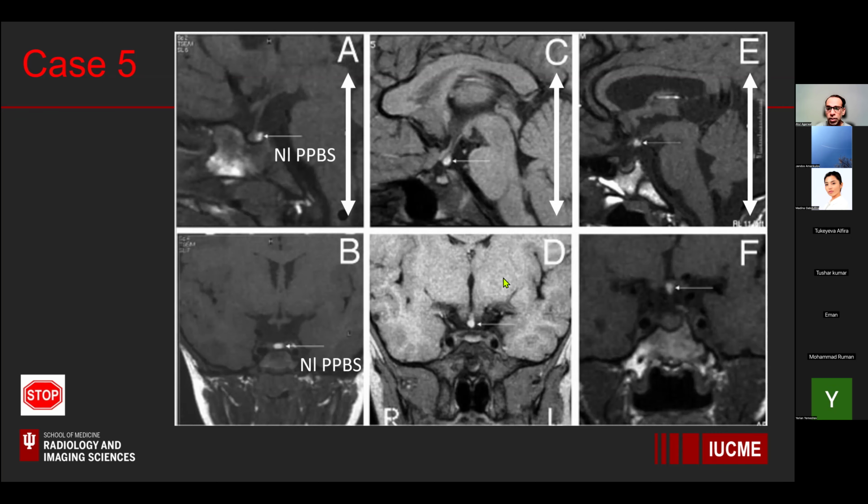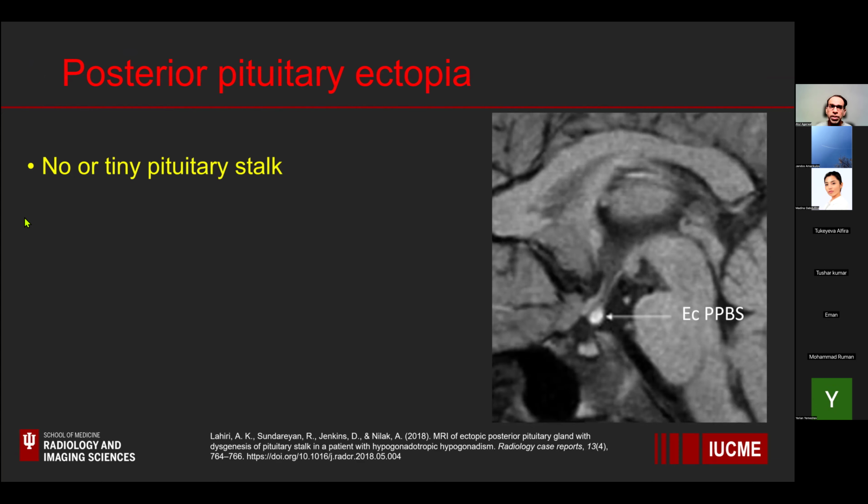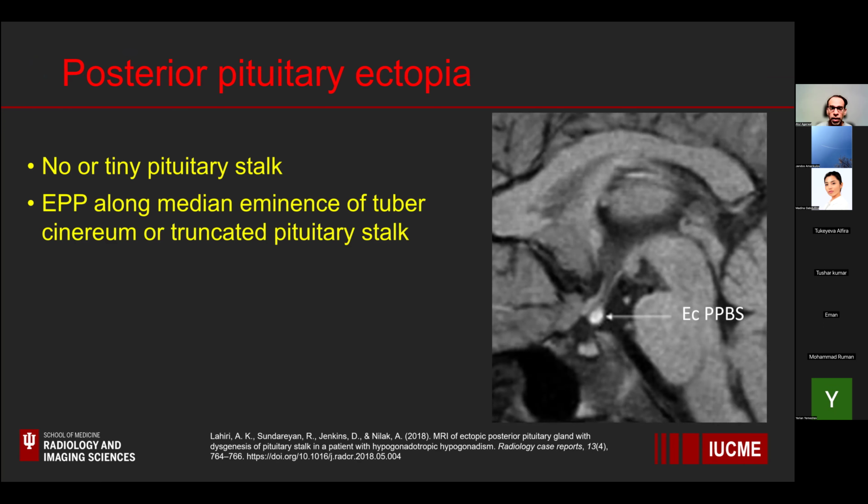So, this could appear odd, but all it is is posterior pituitary ectopia. The posterior pituitary bright spot is there, it's just in the wrong location. And often you'll see absence or a very tiny pituitary stalk. And the ectopic pituitary will be along the median eminence of the tuber cinereum or the truncated stalk, as I mentioned before.